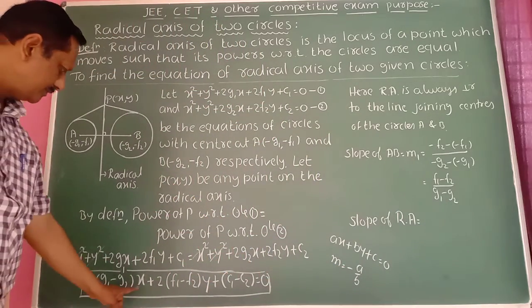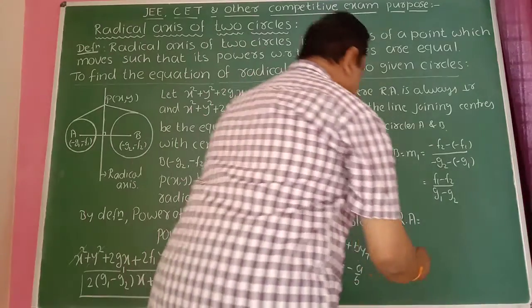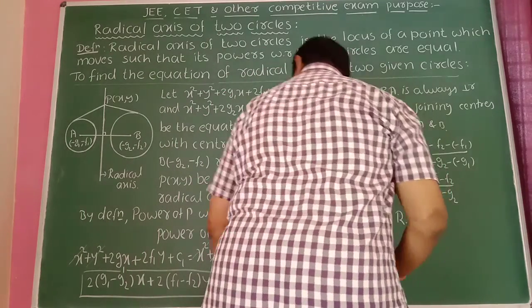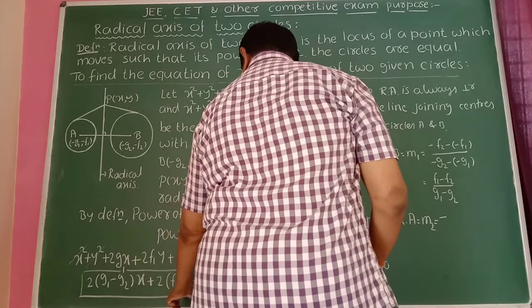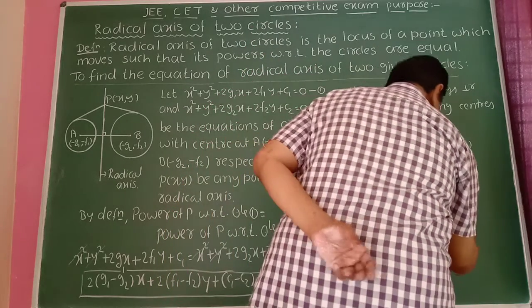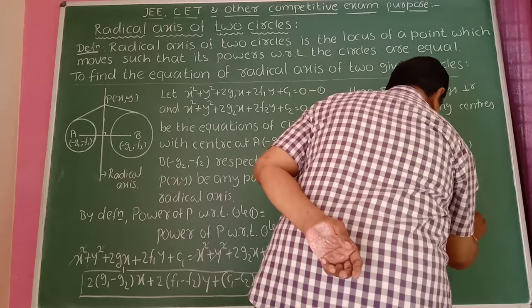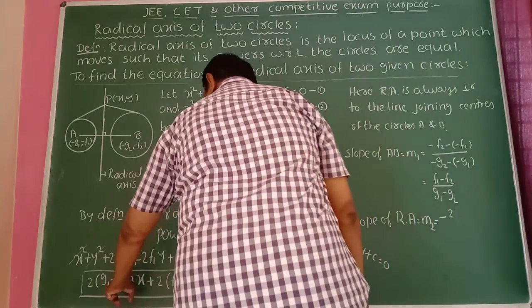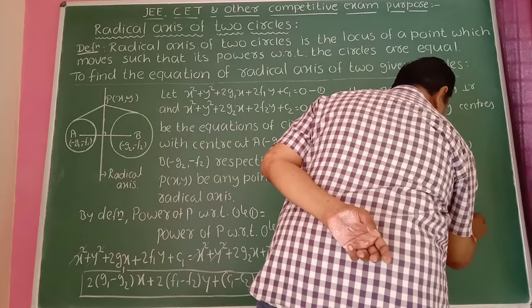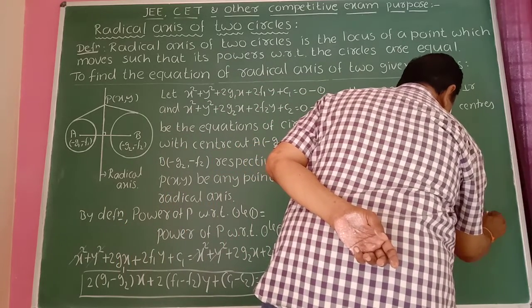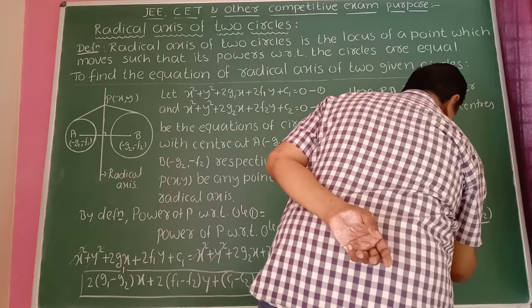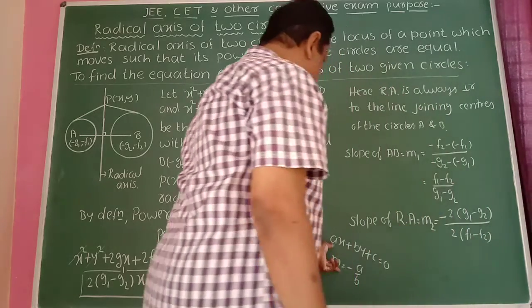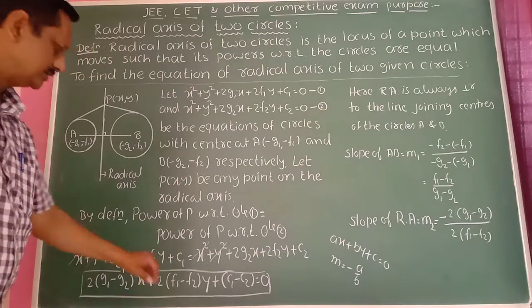Consider this one as m2. m2 is equal to minus 2(g1 - g2) divided by 2(f1 - f2). Apply this formula, this upon this.